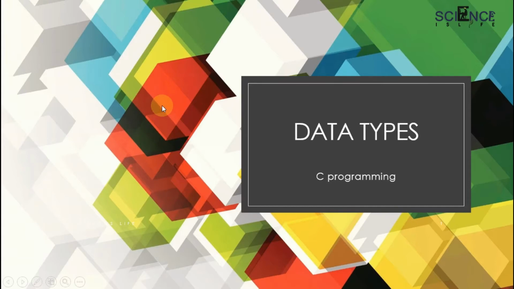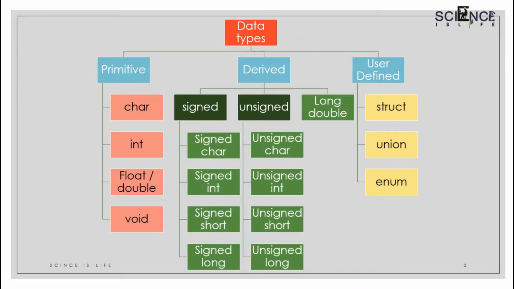What are the data types that we can use in C programming? There are three types of data we can use in C. The first one is primitive data types, the second one is derived data types, and the third one is user defined data types.